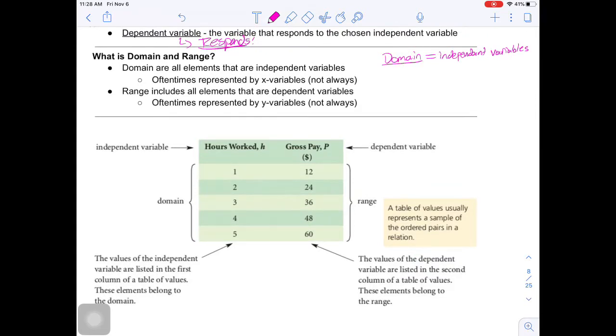Your domain also is the horizontal axis on a graph. Okay, so whenever you make a graph, now you not only have to remember that this is sometimes known as the x-axis, this is also known as your domain, and this is also where you put your independent variables.